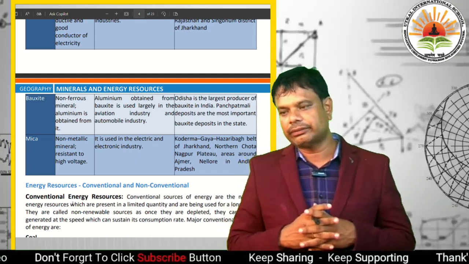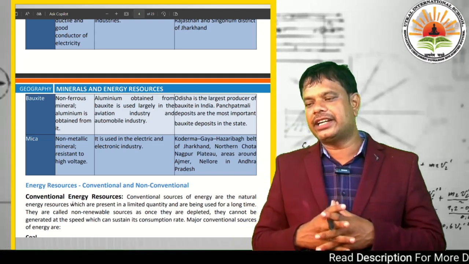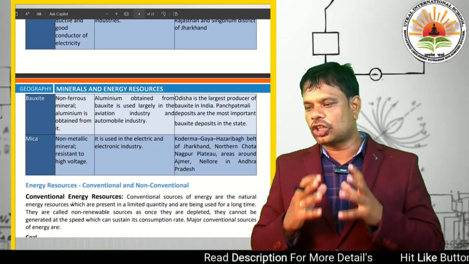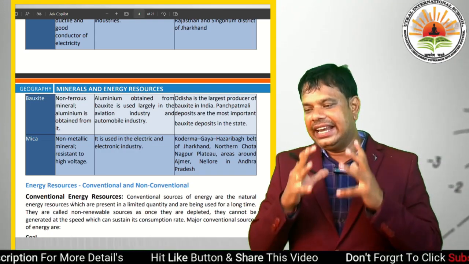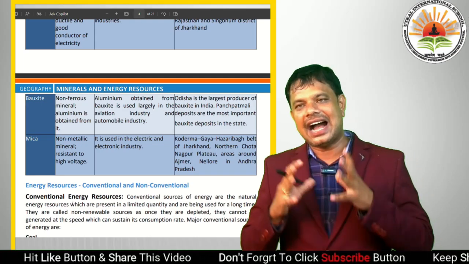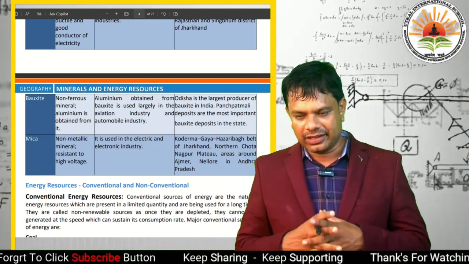Dear students, the Kodarma, Gaya, Hazaribagh belt of Jharkhand and the northern Chotanagpur plateau, areas around Ajmer, and Nellore in Andhra Pradesh are the locations where we find mica.